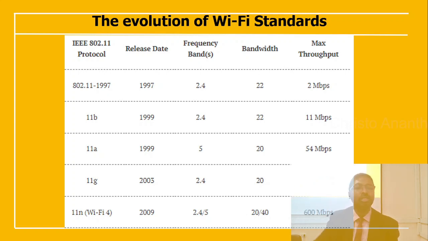IEEE 802.11 was released in 1997, with frequency band 2.4 GHz, bandwidth 22 MHz, and 2 Mbps speed. 11b, in 1999, is the same thing at 11 Mbps. 11a is 54 Mbps, and 11g in 2003 is 54 Mbps. 11n, Wi-Fi 4, in 2009, uses 2.4 and 5 GHz, bandwidth 20 to 40 MHz, and 600 Mbps.